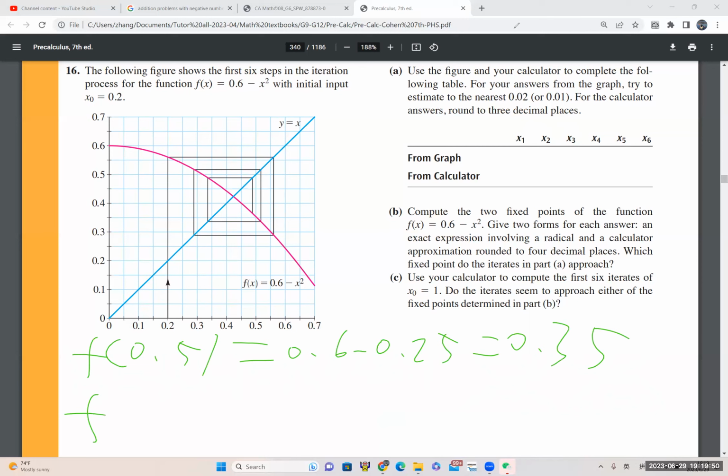Then f of 1, just 1. Then it is equal to this, minus 1, negative. Yeah, of course, they are very simple. We don't really need to round it, right?